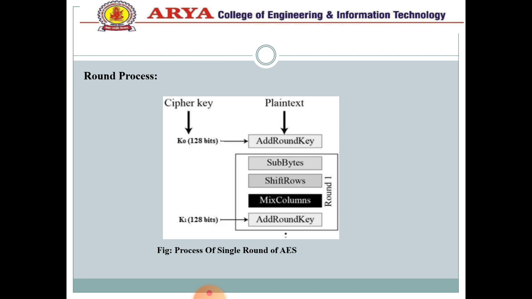Each single round in AES has the following process. First, we apply the add round key on the plain text, then for a particular round we apply sub bytes, shift rows, mix columns and the add round key.